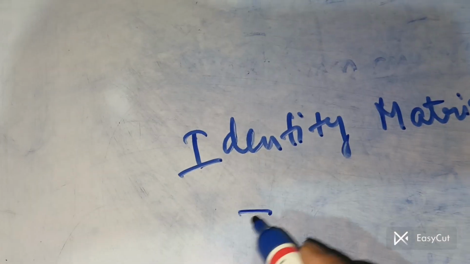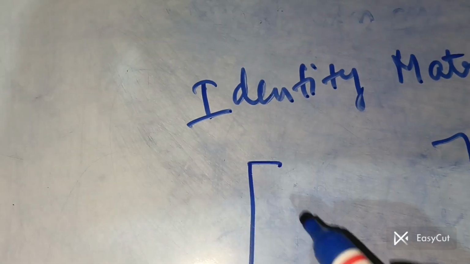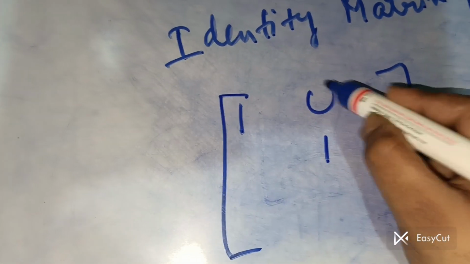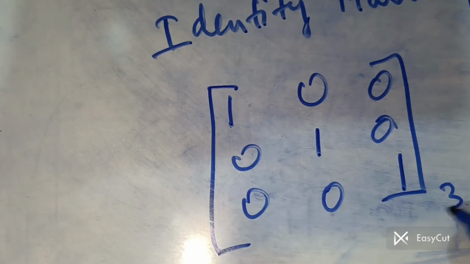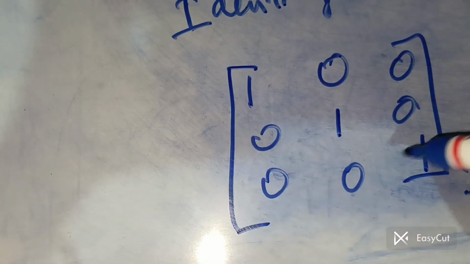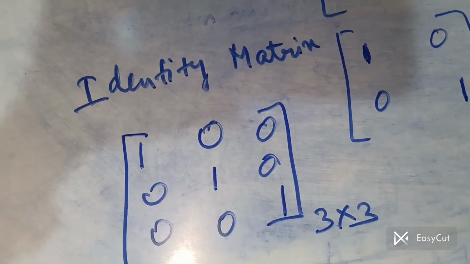Again, you can also see an order 3 by 3 matrix with 1, 1 and 1 on the diagonal, and these positions will be 0. It is of order 3 by 3, as you can see. There are 3 rows and 3 columns, isn't it? So it is an identity matrix of order 3 by 3.